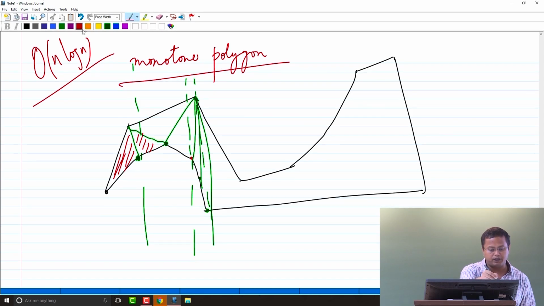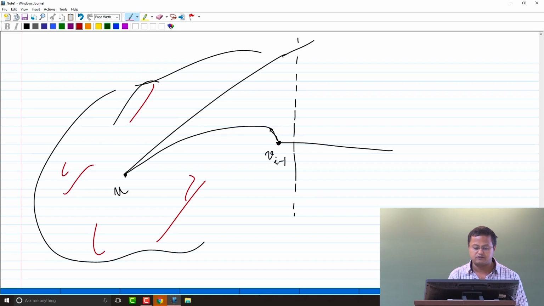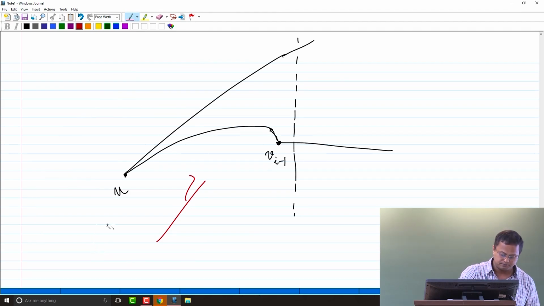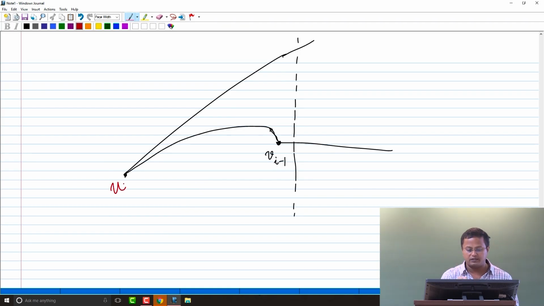I am just looking at the part which is still not triangulated. I call this vertex u and this is V I minus 1. This V I minus 1 is the last vertex that has been processed.